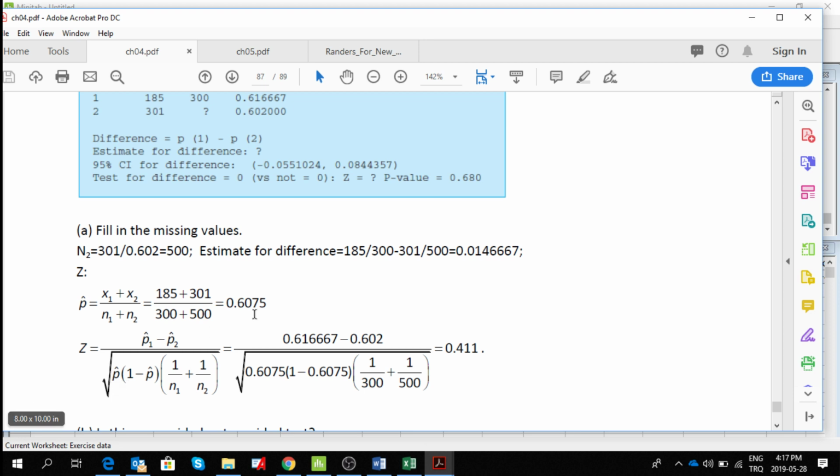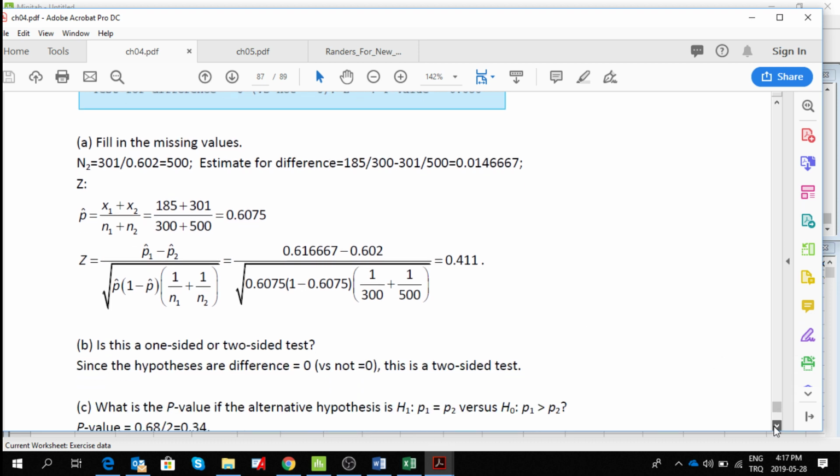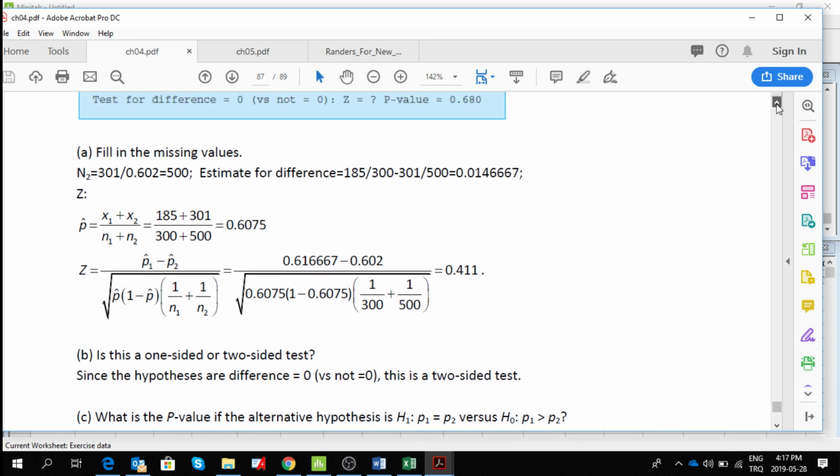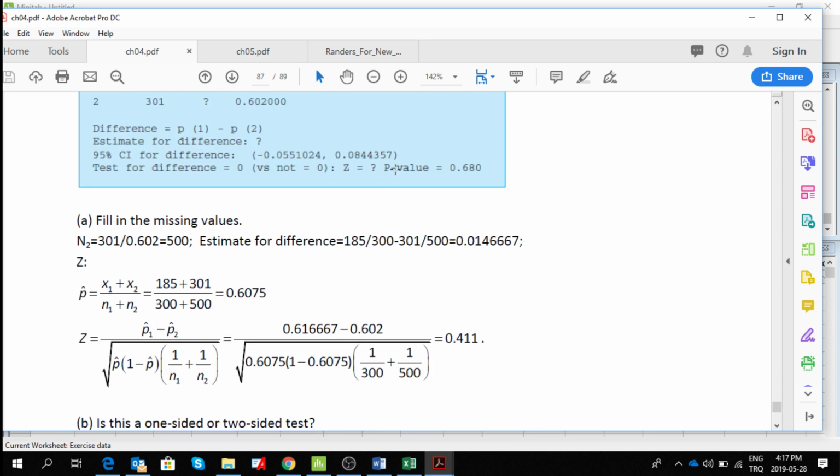We know p hat, which we found. We know the estimation of these two, given here. Okay, so the result is 0.411. This is the z value, and we can write it in here too. So we found this, we found the estimation for the difference, and we found the size of sample 2.